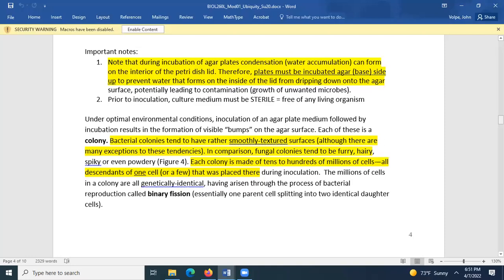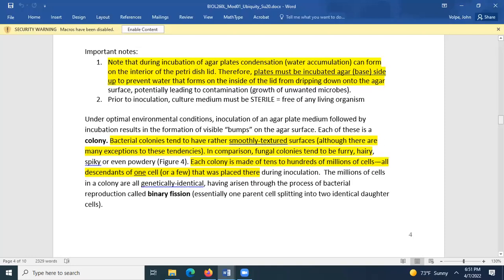So that's why we put everything in the incubator upside down. So when you put plates in an incubator, they should be put in the incubator upside down. Any question about that? And something that's nice is we write on the bottom of the plate, so it's actually easier to read what you're getting out of the incubator.